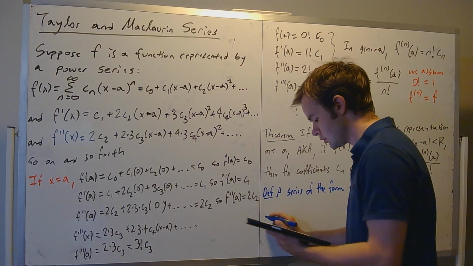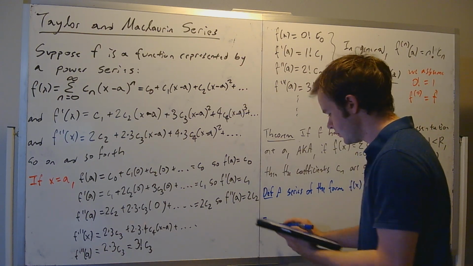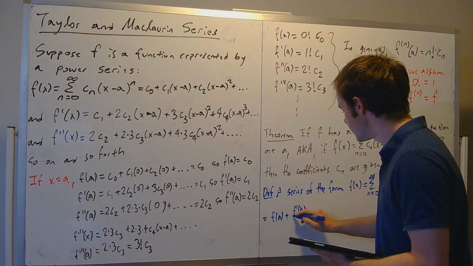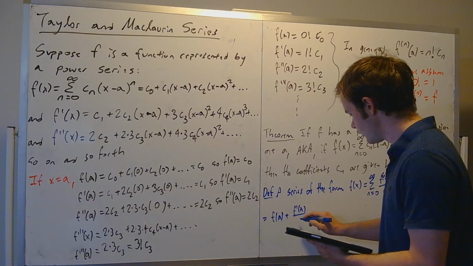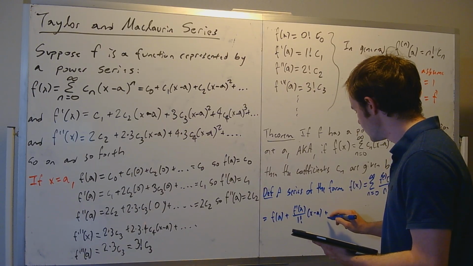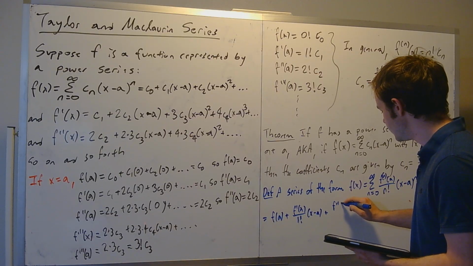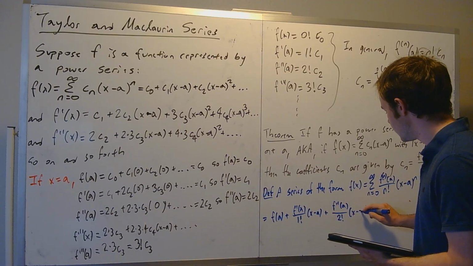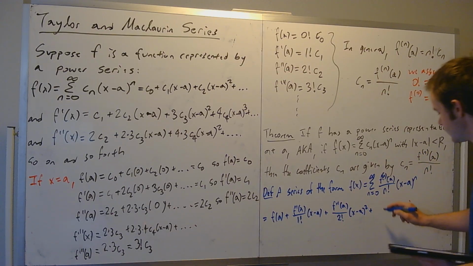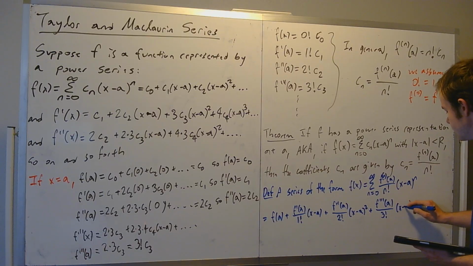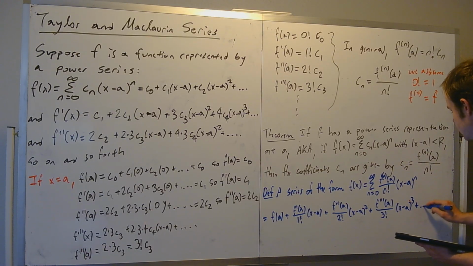And if we were to write out the terms, we would have f of a plus f prime of a over 1 factorial times x minus a plus f double prime of a over 2 factorial times x minus a squared plus the next term would be the third derivative of f at a over 3 factorial times x minus a cubed, and so on, right?